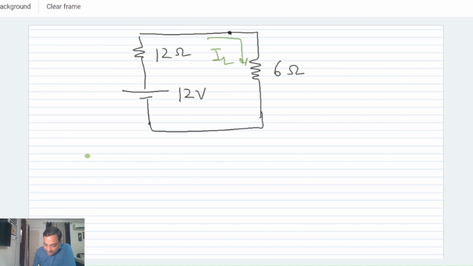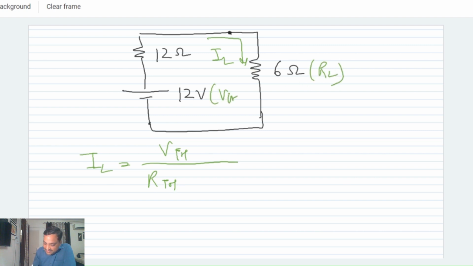So easily the value of IL will be VTH, which is 12 volts, divided by RTH plus RL.